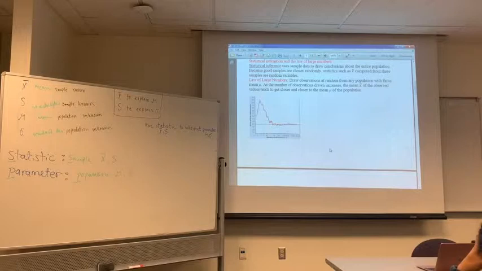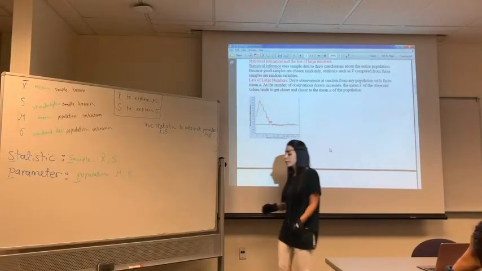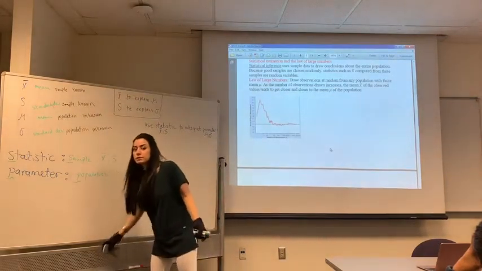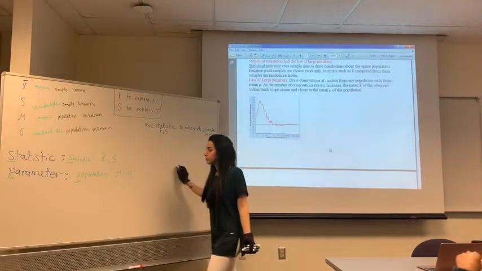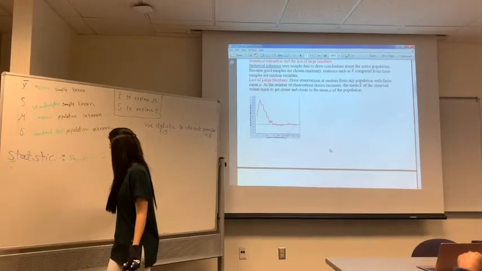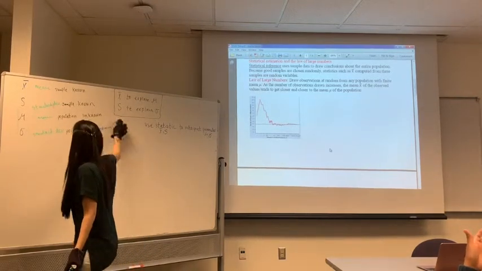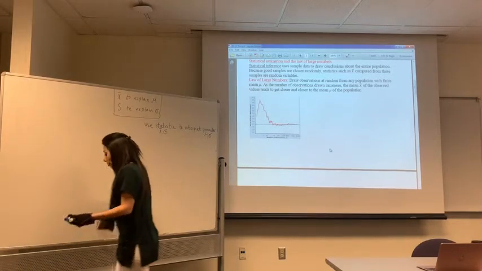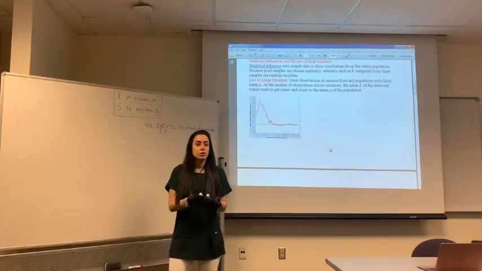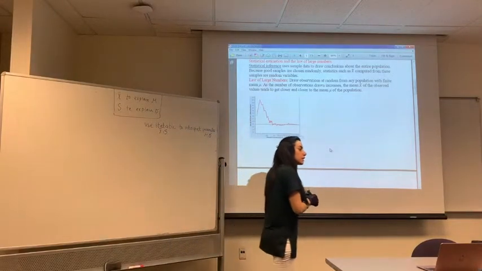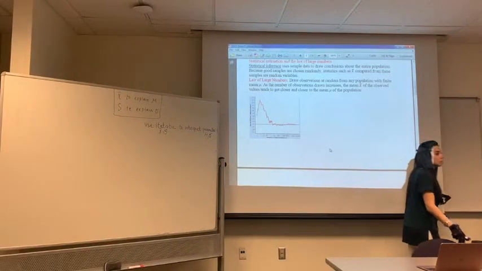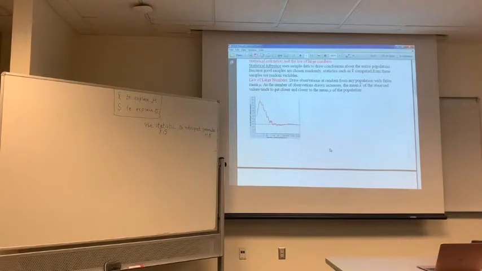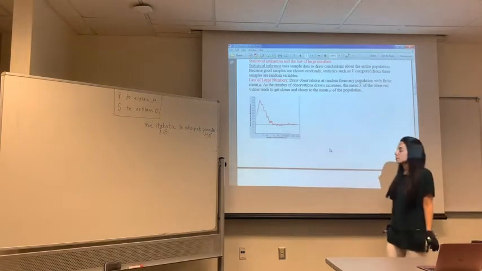Okay, in this chapter there are two important concepts that we are going to learn. One is the law of large numbers. The law of large numbers says if you increase the sample size, information of the sample is going to get closer and closer to the information of the population.